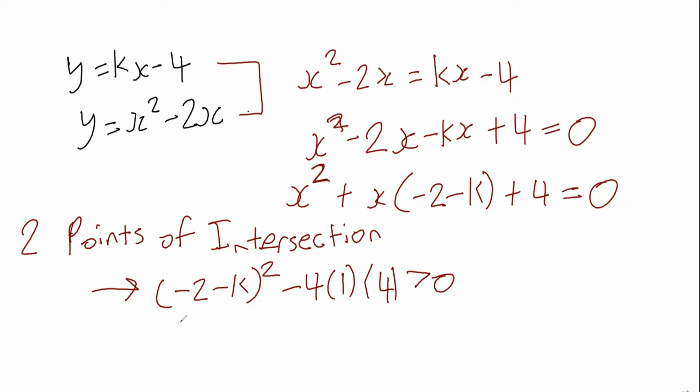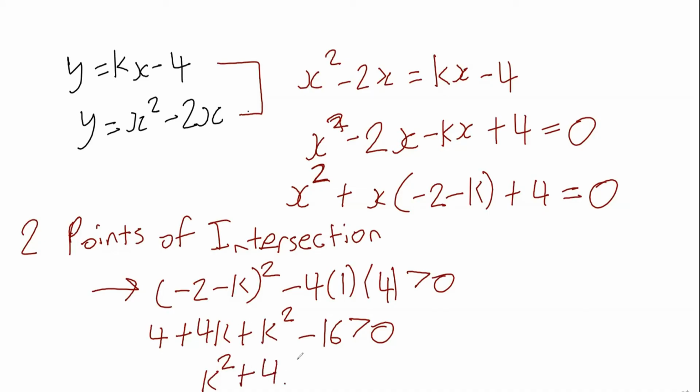If we expand this square, we get first term squared, 4, plus twice the product of the two, 4k, plus second term squared, k squared, minus 16 greater than 0. We get k squared plus 4k, and then 4 minus 16 is minus 12, greater than 0.